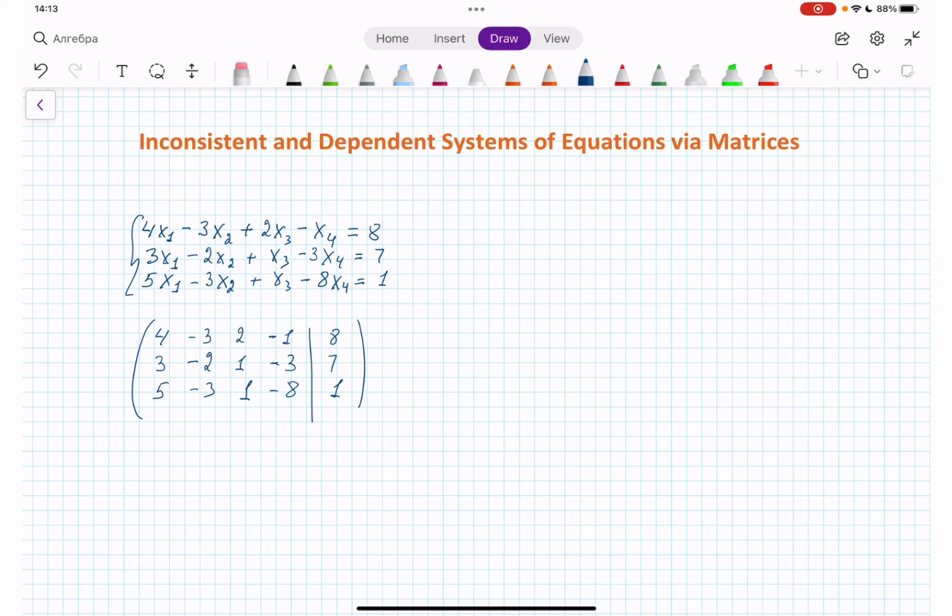Remember, I mentioned several times that the best way to start is to have 1 in the first row, first column, with the purpose of not dealing with fractions down the road. Therefore, how can I get 1? I can do the following: R1 minus R3, and write it down in R1.